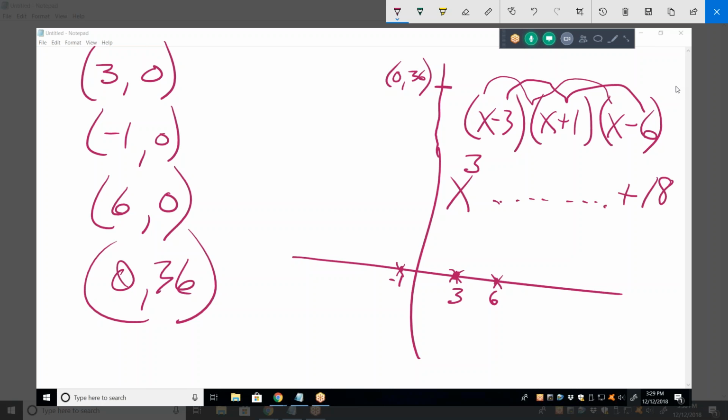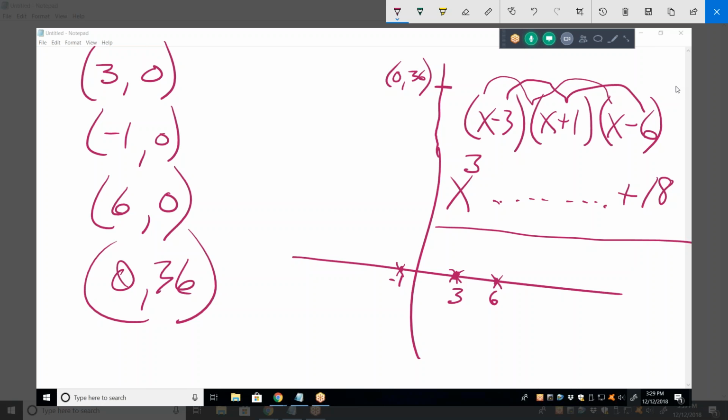So if this was my answer, what would my y-intercept be? Remember, your y-intercept is when x is equal to 0. All the x terms are going to drop out.